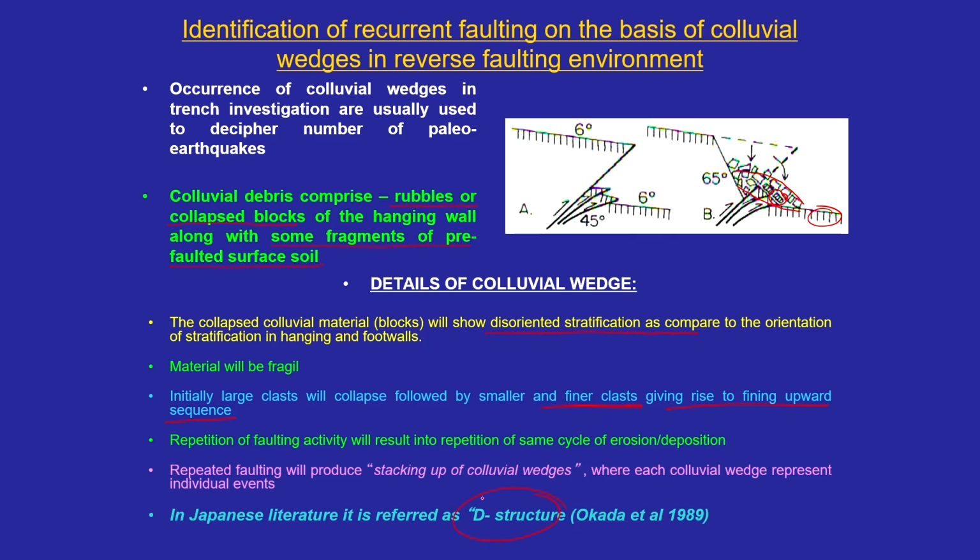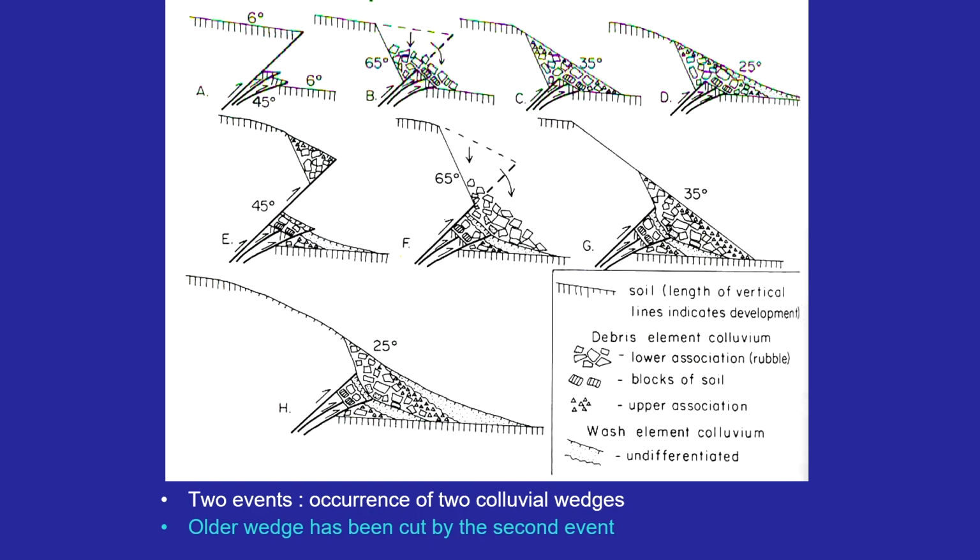Let's move further and see what indication we can get if we have multiple colluvial wedges. This is again a schematic diagram which shows how the faulting occurred, and then after faulting the degradation of the scarp resulted in the deposition of the colluvial wedge, and over time another event took place, and so on.